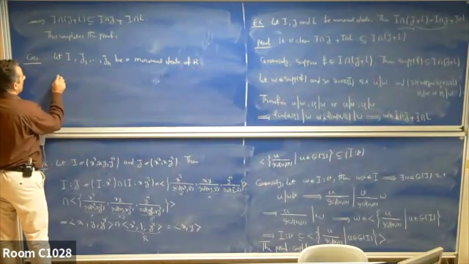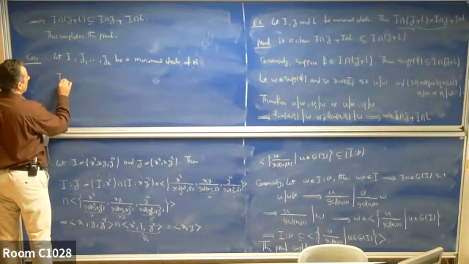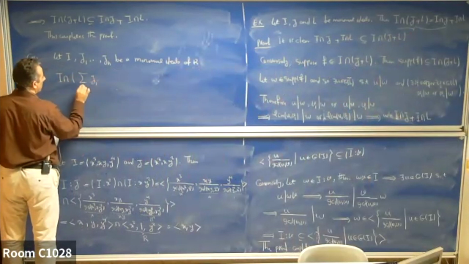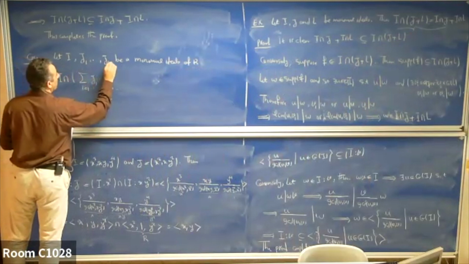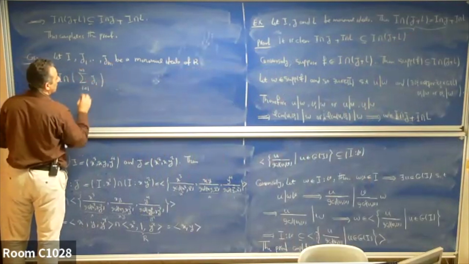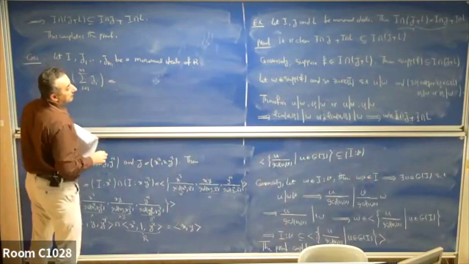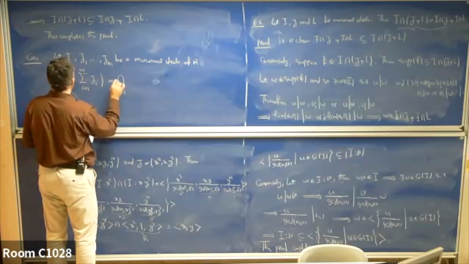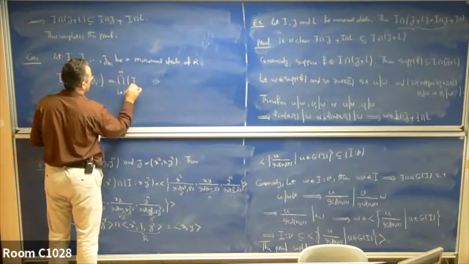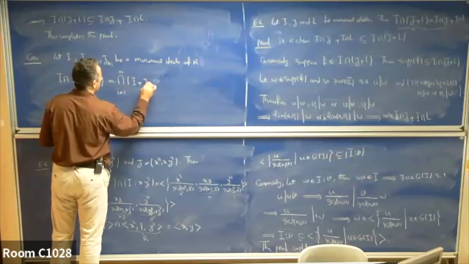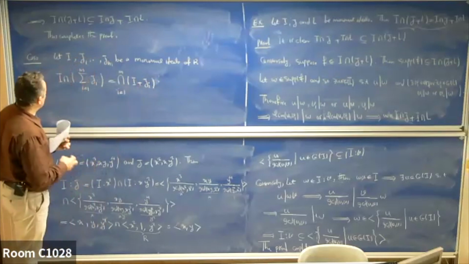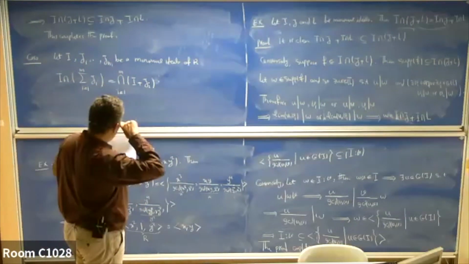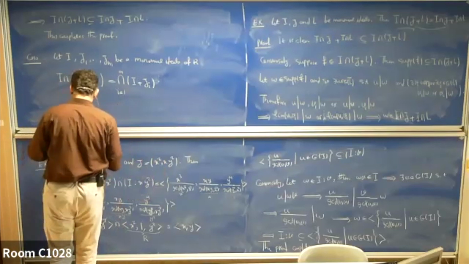Monomial ideals, then I intersection the sum of Ji, i = 1 to m, is equal to the sum of the intersections I intersection Ji. Easily, by induction, we prove that this one is easy because this is true, and so by induction we have this.